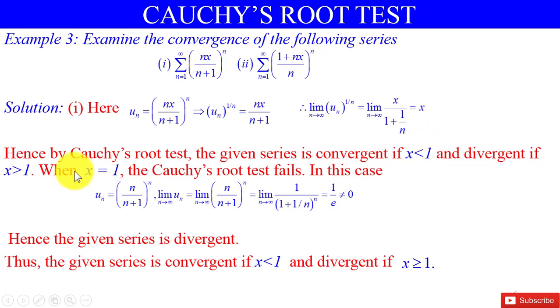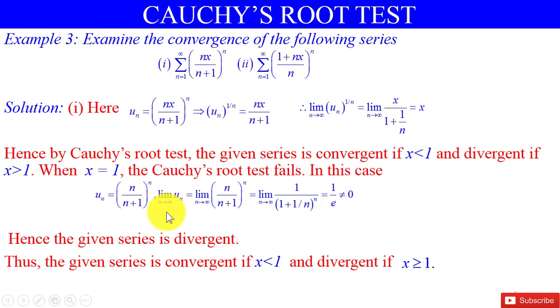Hence, by Cauchy's root test, the given series is convergent if x is less than 1 and divergent if x is greater than 1. Now, when x = 1, Cauchy's root test fails.